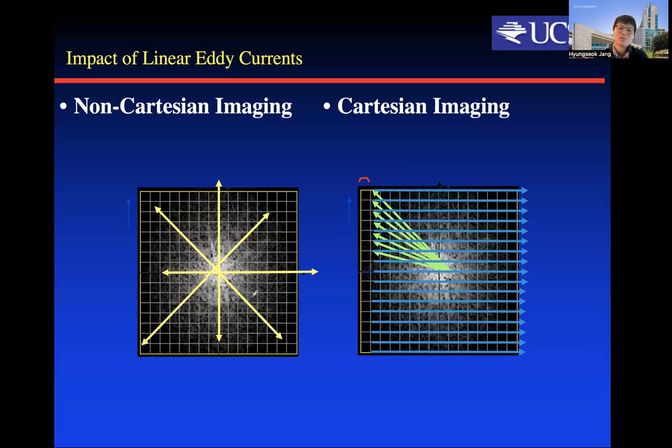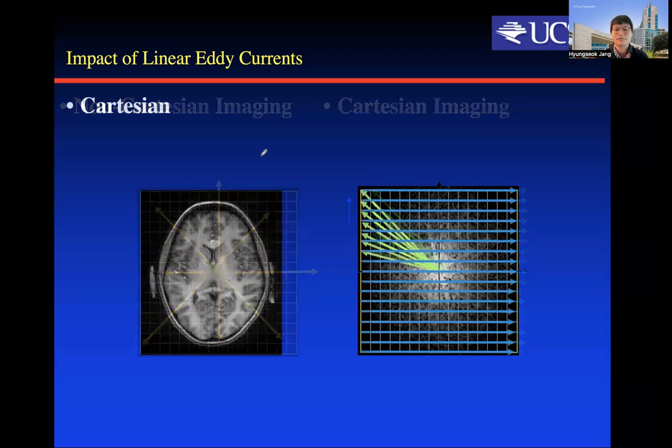And the non-Cartesian imaging is more unexpected, because in non-Cartesian imaging we don't typically use phase encoding gradients. Everything is a kind of frequency encoding.